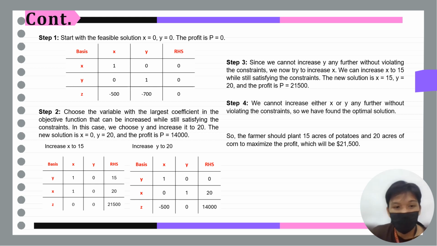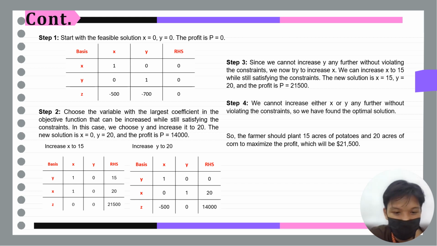So we need to choose the variable with the largest coefficient in the objective function that can be increased while satisfying the constraints. In this case, we choose y and increase it to 20. The new solution is x equal to 0, y equal to 20, and the profit is 14,000.